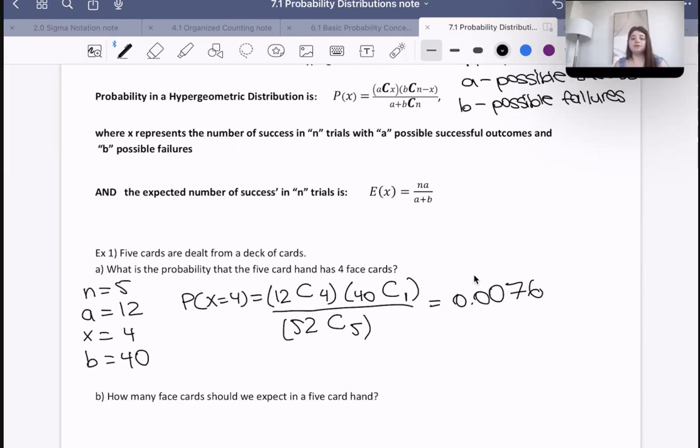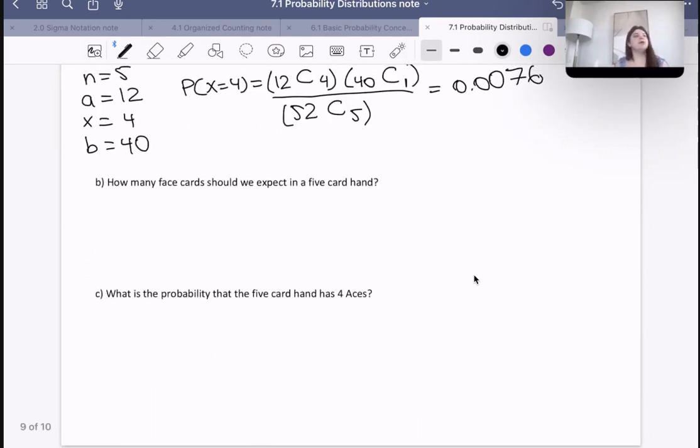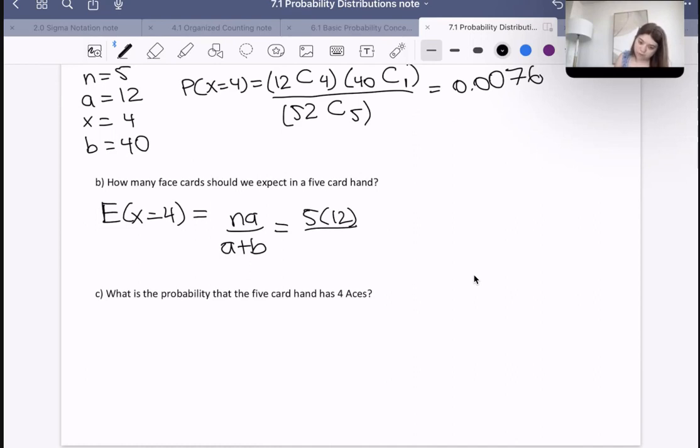How many face cards should we expect in a 5-card hand on average? Probably about 1 is my guess. But let's see what the equation tells us. Well, the equation is going to be N A over A plus B. So that's going to be 5 times 12 over 12 plus 40, which is going to be 60 over 52, which is a little more than 1.